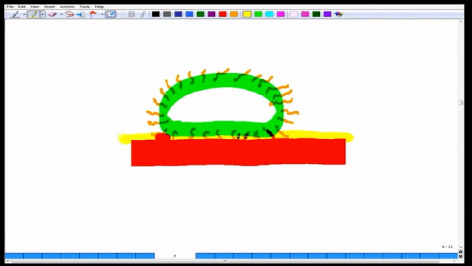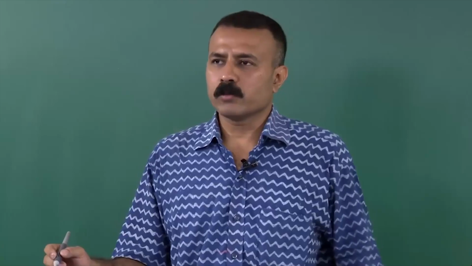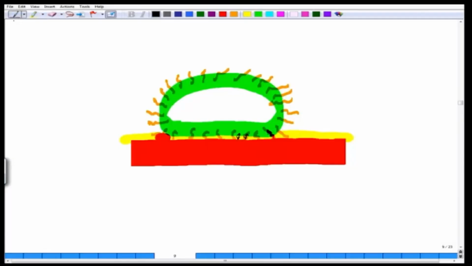This gap is the cause of a huge amount of leakage whenever we are making a measurement, and technically there is a name for this: it is called the cell electrode interface.